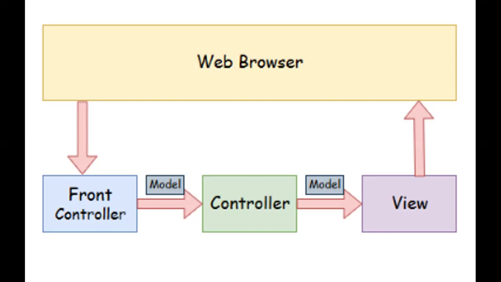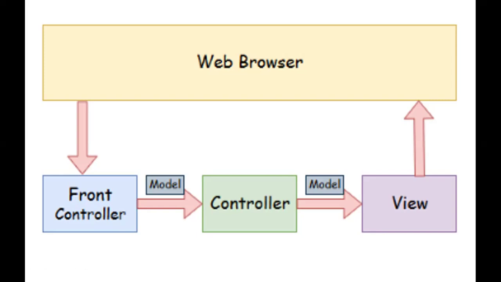This data is passed from the controller to the view via the model interface. In the background, there is a view resolver which maps view names to the actual views, and at last, the user will get a response to their request in the web browser. Okay. This is the basic formation of Spring MVC.